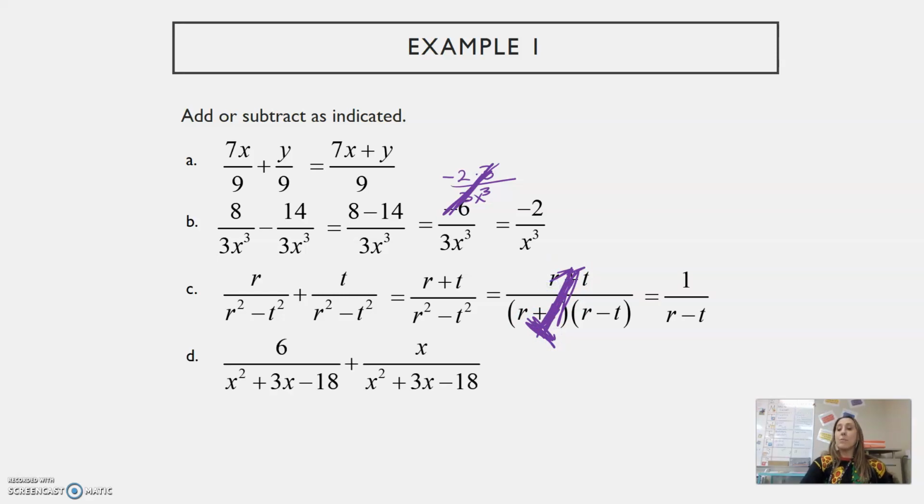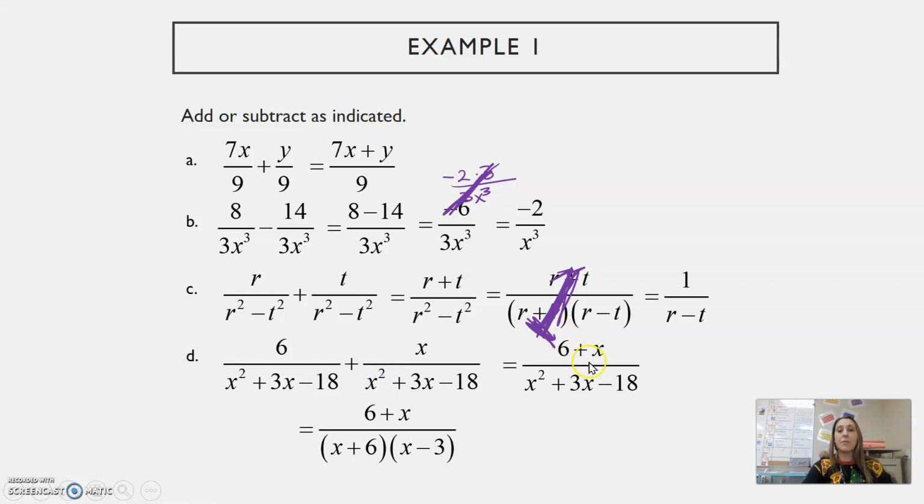All right, and this one's even more complicated, so I would like you to try this one. So go ahead and hit pause. I'd like you to take about a minute to write this down, and then we'll go over it together. Okay, so what we can do, this is exactly the same as this one. We have our common denominators. So we will get 6 plus x over x squared plus 3x minus 18. Well, that factors, right? That's just trinomial factoring.